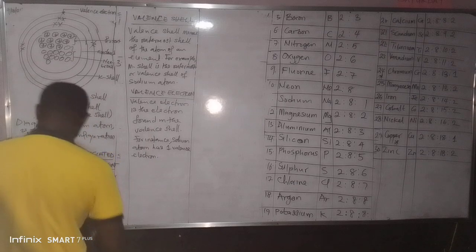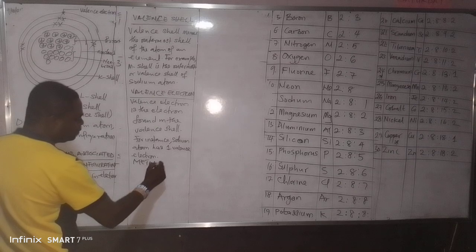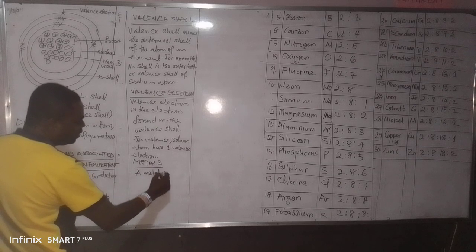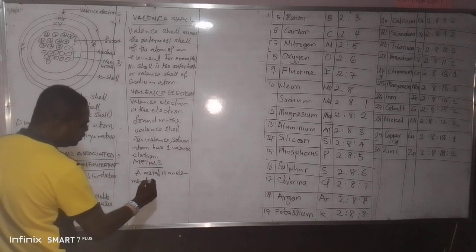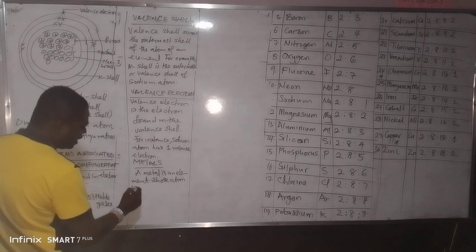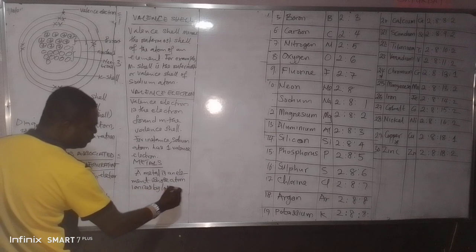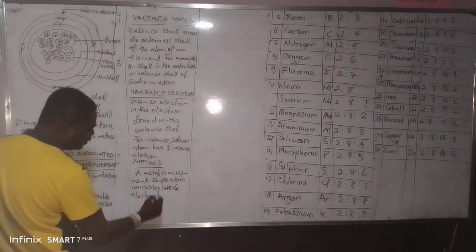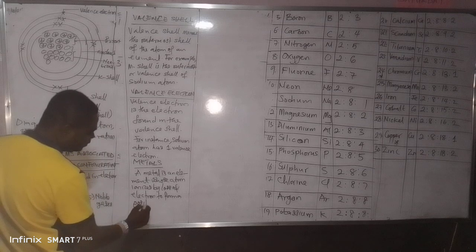Okay, then the next thing to look at are metals. What are metals? A metal is an element whose atom ionizes by loss of electron to form a positive ion.